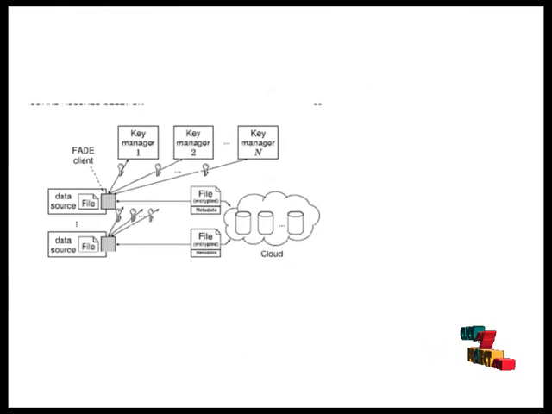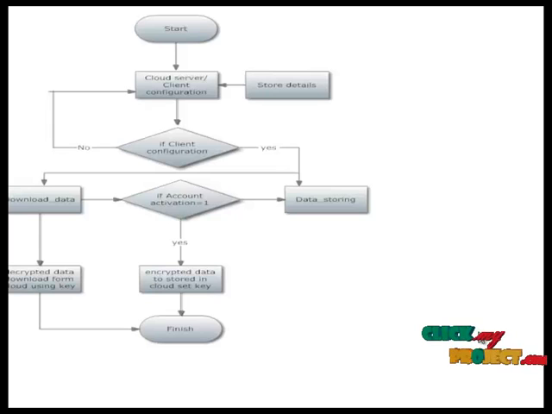Now I have to explain the flow diagram. This is our flow diagram. The process starts with cloud configuration, then the second step, and this form is connected to the database. Every piece of information is retrieved from the database.